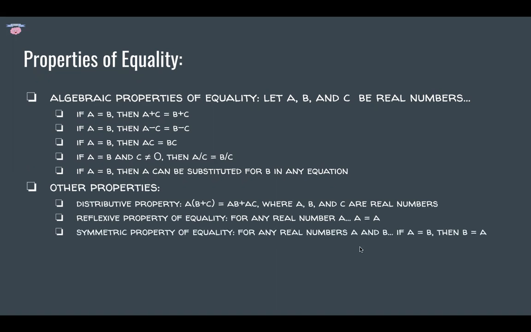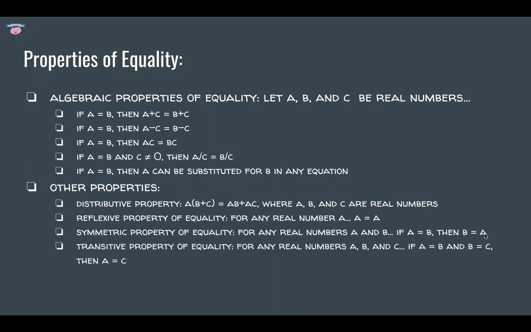For any real numbers A and B, if A is equal to B, then B is equal to A. For any real numbers A, B, and C, if A is equal to B and B is equal to C, then A is equal to C. These three last ones seem extremely obvious, but they're extremely useful in geometry. Notice the last one. It looks a lot like the law of syllogism, and that's because it's true not only for statements, but also for real numbers.